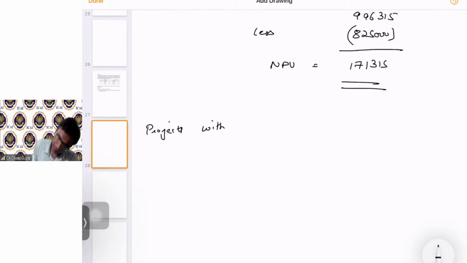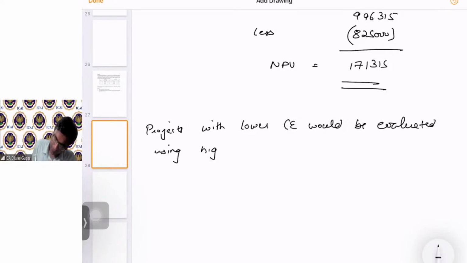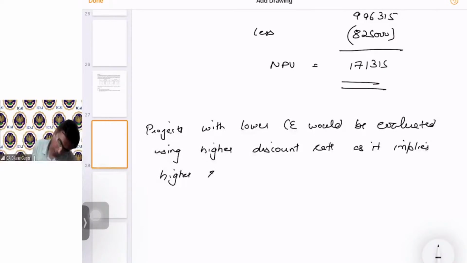Projects with lower certainty equivalent would be evaluated using higher discount rate as it implies higher risk.